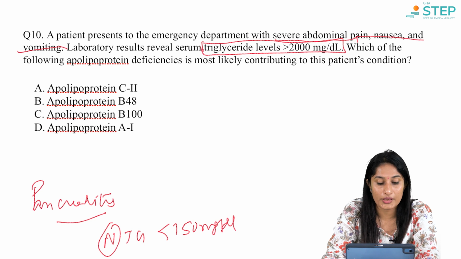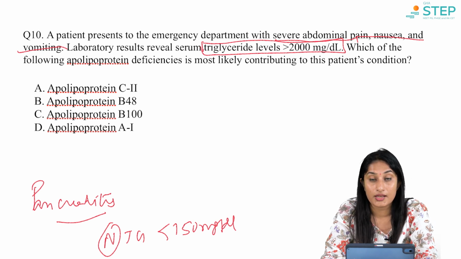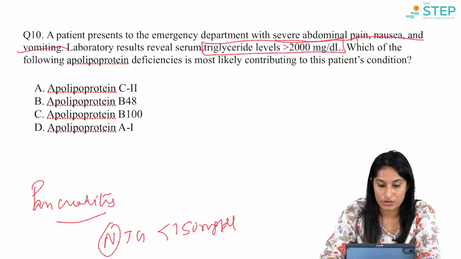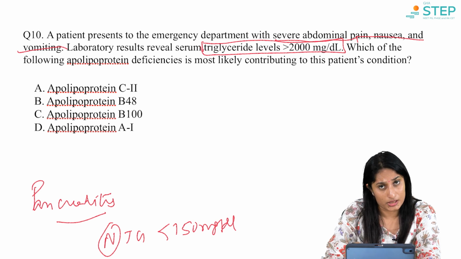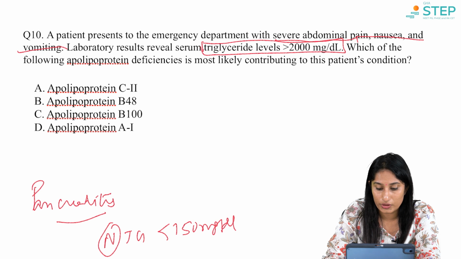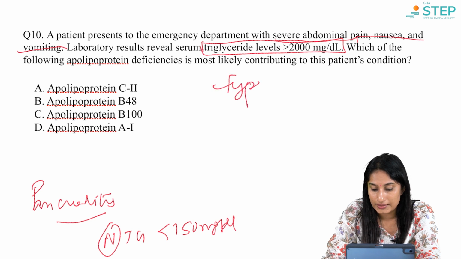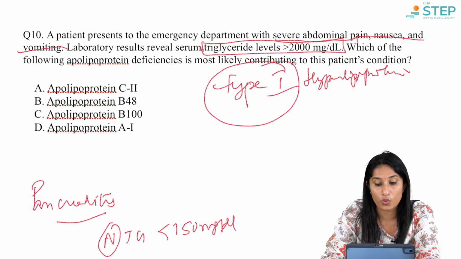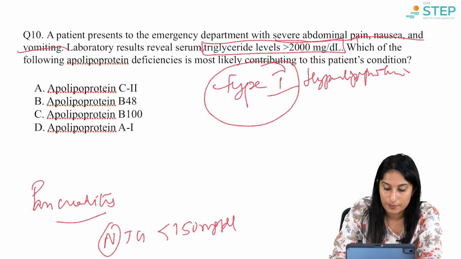Which apolipoprotein is likely to contribute to this patient's condition? This would be a familial disorder, and by Fredrickson's classification, when you think of it, it would be type 1 hyperlipoproteinemia. What is the enzyme deficient?